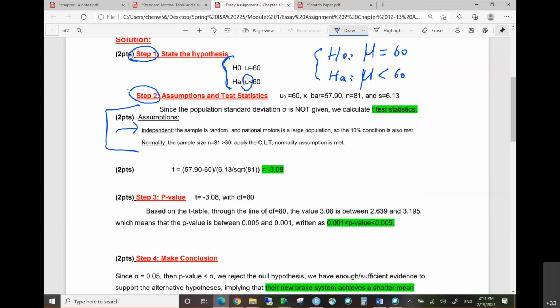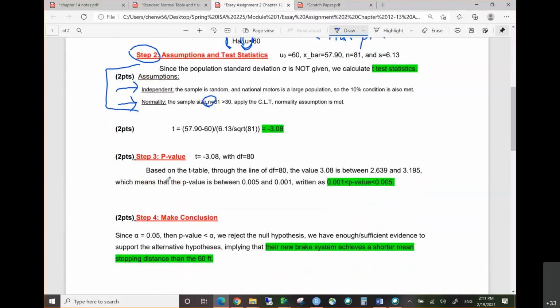For the normality assumption, since we are testing the mean, we just check whether the sample size is larger than 30. After both assumptions are satisfied, you can use the formula to calculate the test statistic.